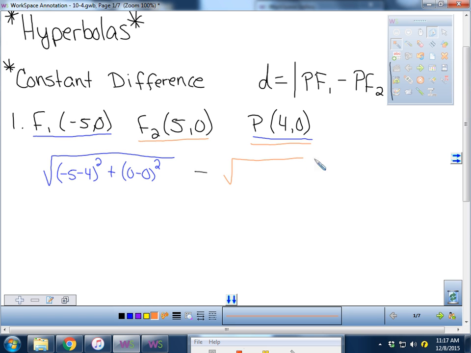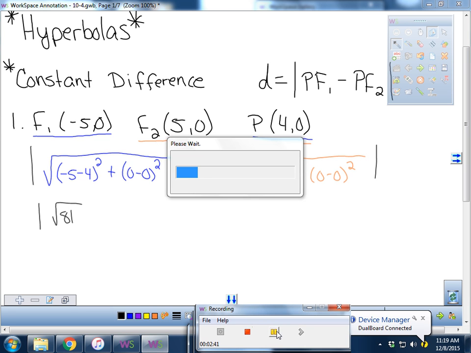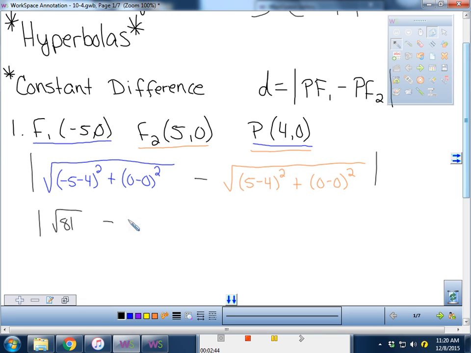So that gives me 5 minus 4 squared plus 0 minus 0 squared. And then I have to take the absolute value of that. So if I find this distance here, this is going to be the square root of 81 minus, if I work this, the square root of 1.